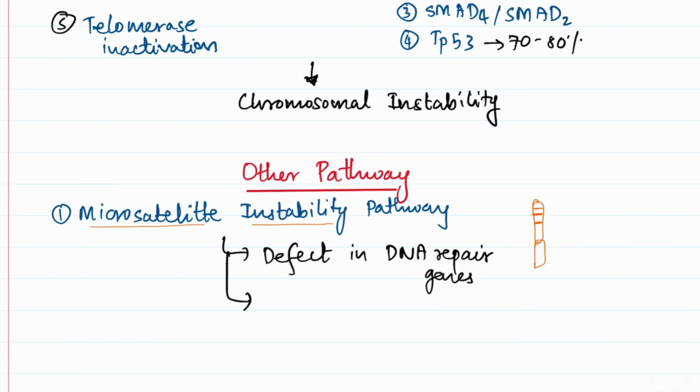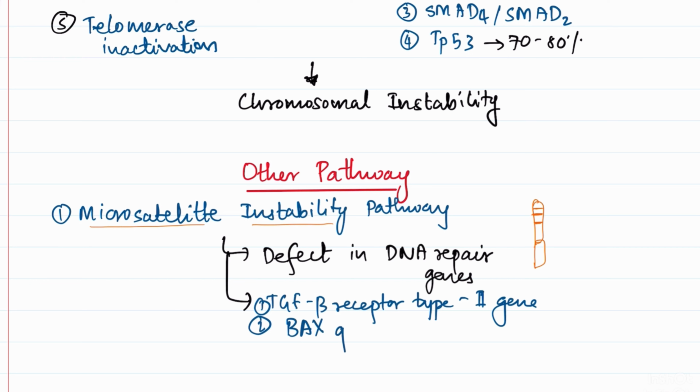There are two important coding regions. That is, if it involves the transforming growth factor beta receptor gene, or if it involves the BAX gene. BAX is a pro-apoptotic gene. So if these two genes have a microsatellite instability, then their function is altered, and as a consequence of this, carcinoma can develop.